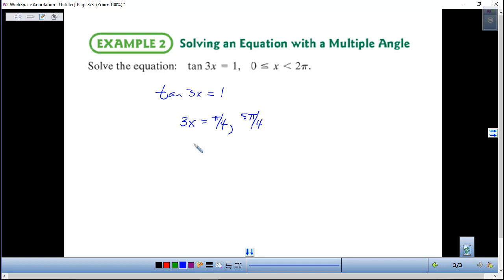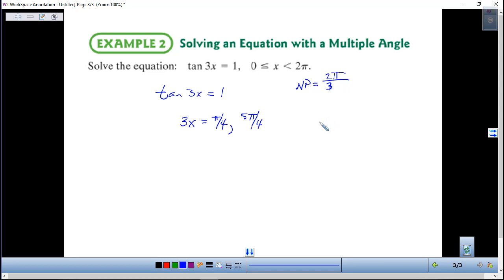Now, then what we're going to end up doing, we need to find out exactly what our period is going to be. And if you remember, the new period is equal to the old period divided by b, which in this case is 3. So the new period is going to be 2 pi over 3.